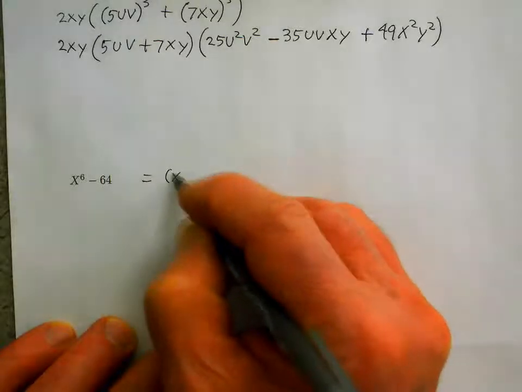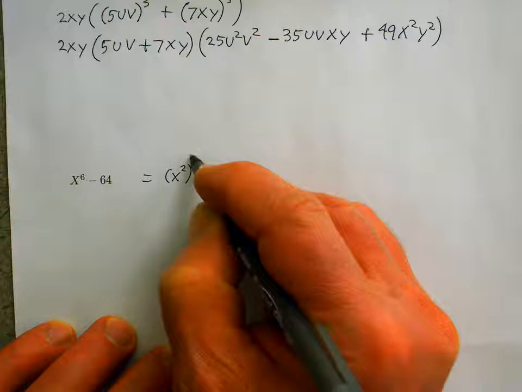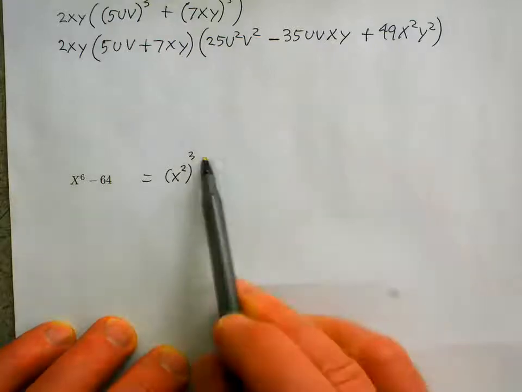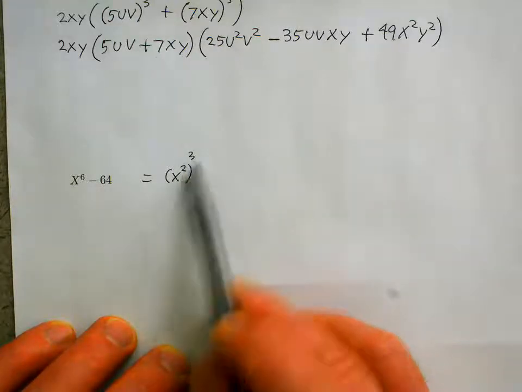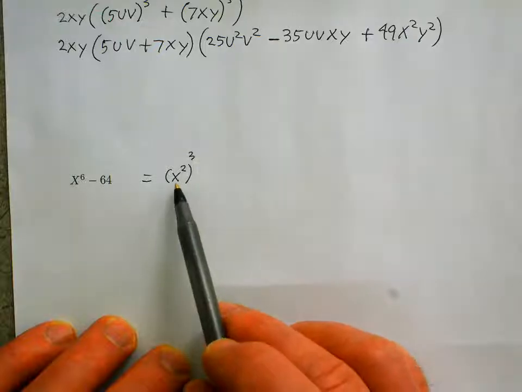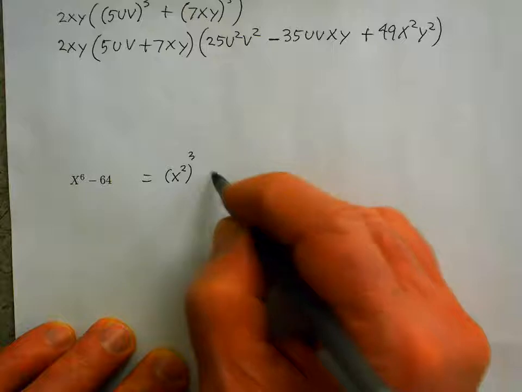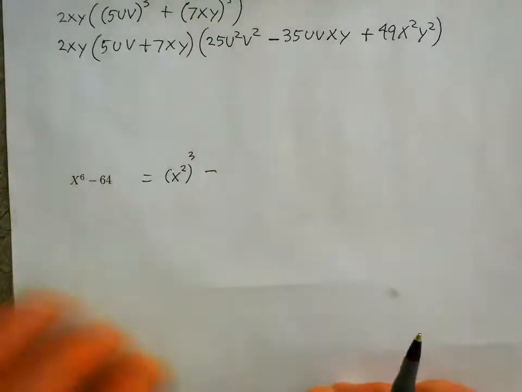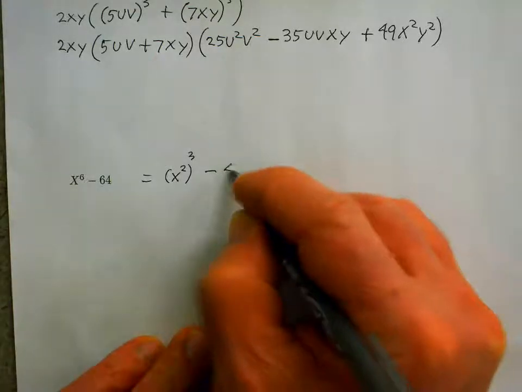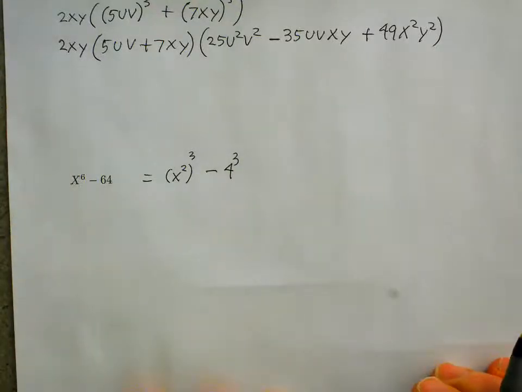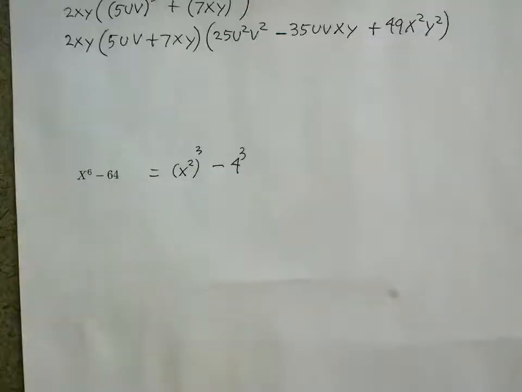Because if you raise the term x to the second to the third power, remember the properties of exponents, x to the second to the third is equal to x to the 3 times 2, or x to the sixth. And 64 is 4 to the third. Okay, so it is a difference of cubes.